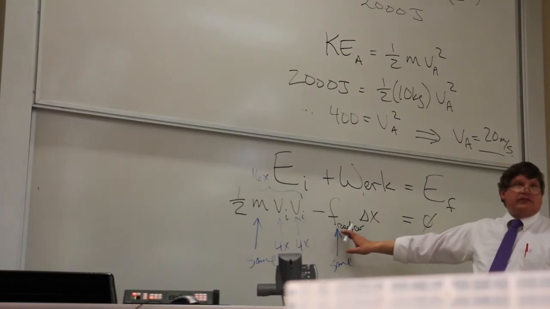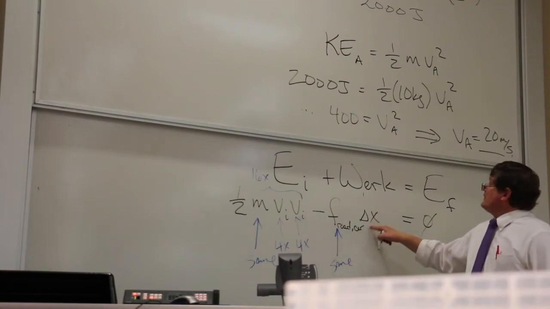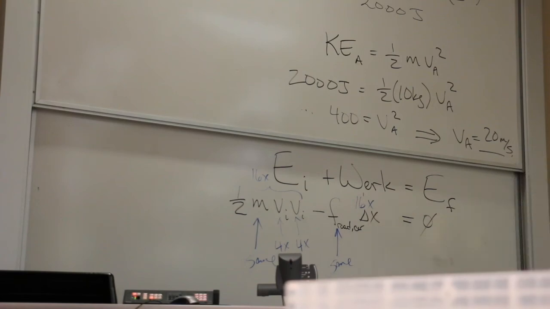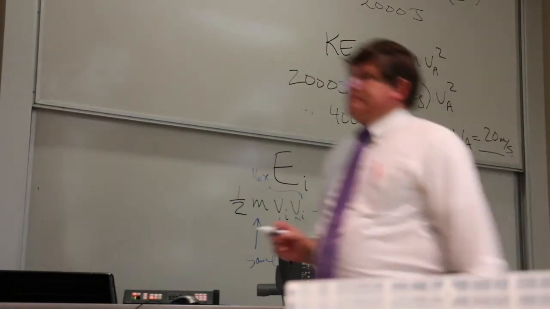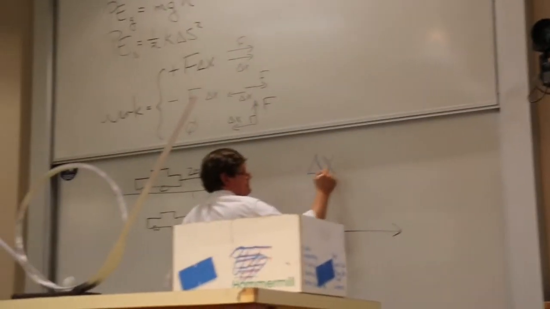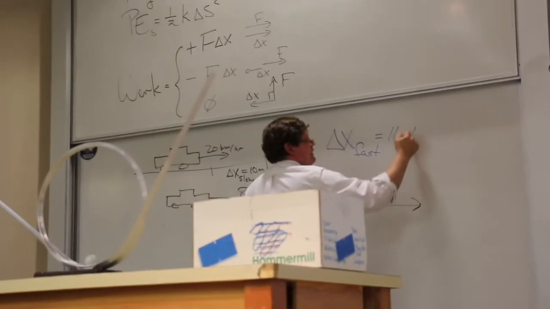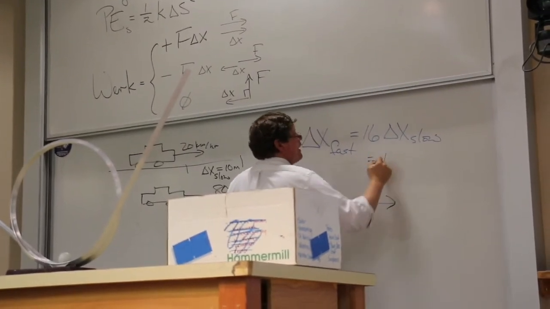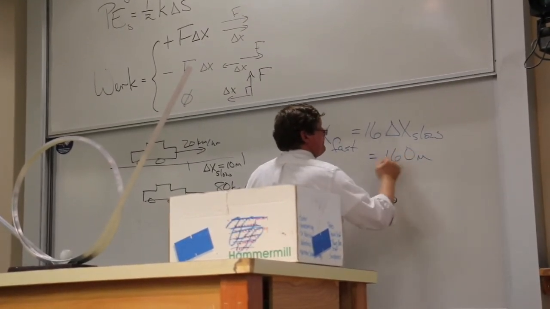And if the friction is staying the same, that means that this delta x has to get 16 times bigger. What that means is that delta x for the fast car is going to be 16 times delta x for the slow car, or 160 meters.